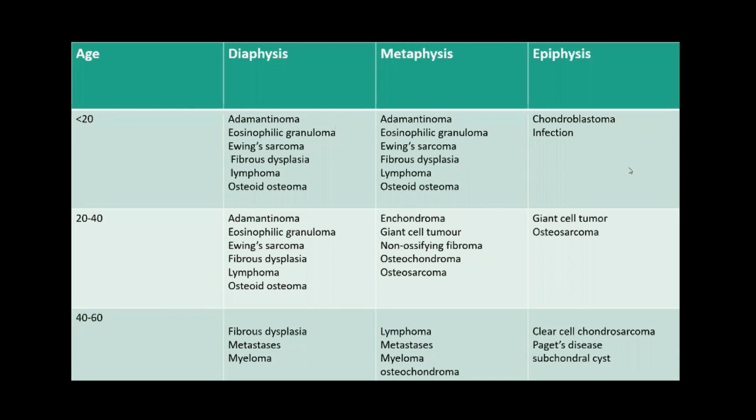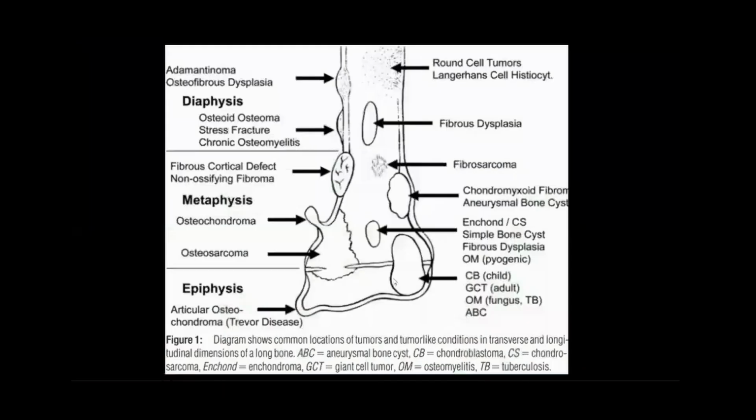The common epiphyseal lesion is chondroblastoma. Don't forget the age. When you go older, giant cell tumor and osteosarcoma, and when above 40, it is clear cell chondrosarcoma, Paget, and subchondral cysts. This is a very famous diagram from, I think, Radiology Assistant.